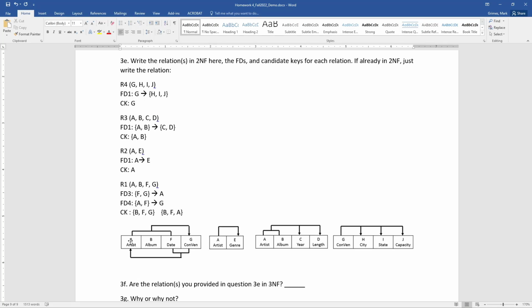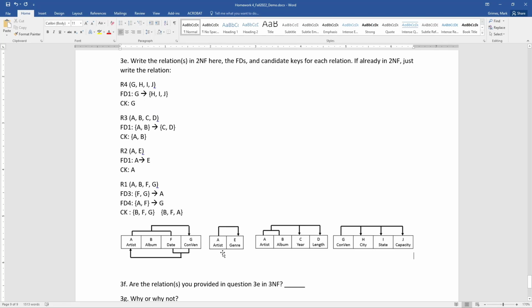However, we do have a BCNF violation, a Boyce-Codd normal form violation, because we have these multiple candidate keys that are composite and that have some overlapping attributes, B and F. And we see this played out in that neither one of our functional dependencies has a determinant that is a superkey. Now, all of these other relations are in first, second, third, and Boyce-Codd normal form.